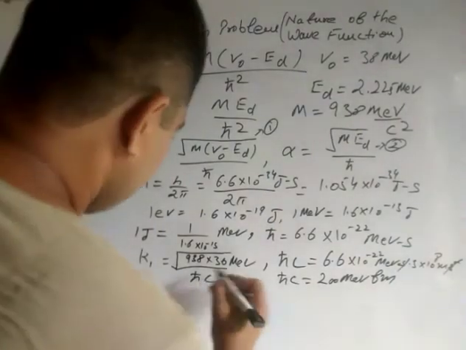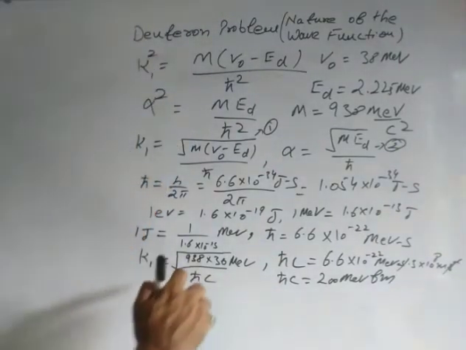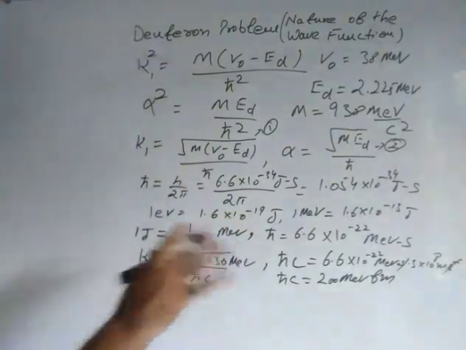Now putting the values, you will get K1 is equal to the square root of 938 into 36, upon H cut C. You can do it with your calculator.